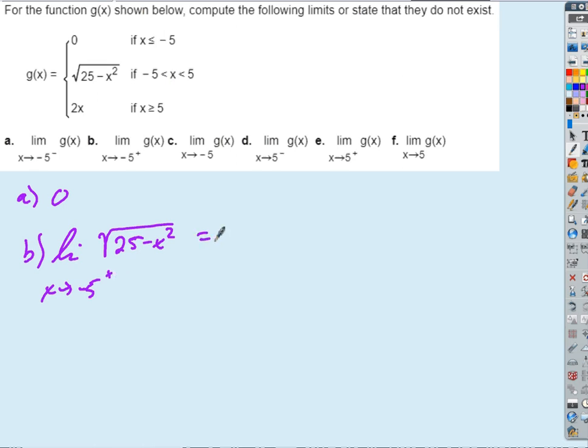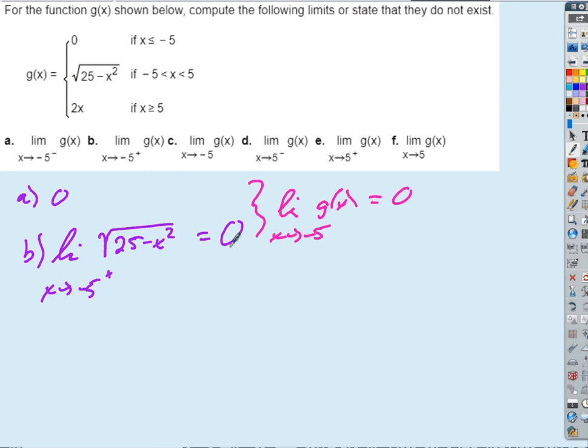If I evaluate directly, it's gonna give us 0, isn't it? Yeah. Good. Then for part C, what is the limit of the function as x approaches -5? Zero. And because the limit from the left and the limit from the right agree, I got zero for both.